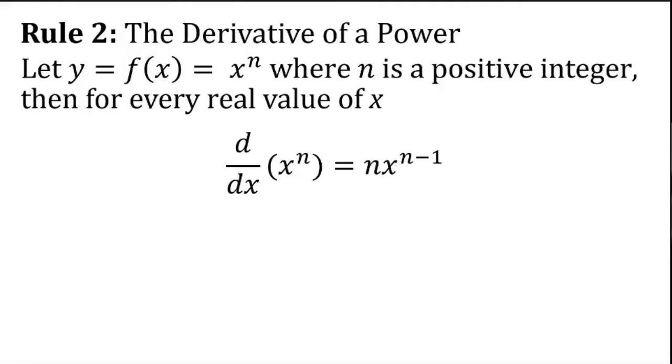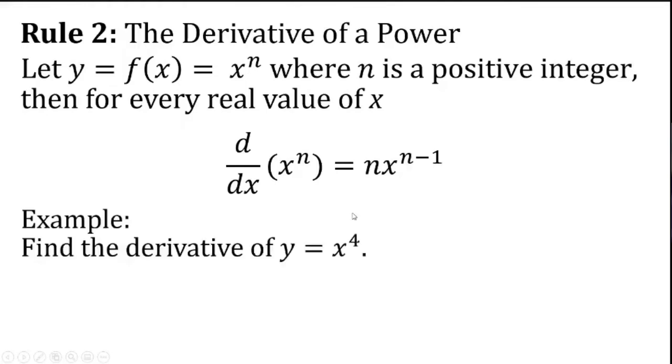So, ang gagawin, i-multiply nyo yung exponent niya sa x. And then yung exponent niya, you will subtract 1. So again, when you differentiate x to the n, it will be equal to n times x raised to n minus 1. So you're going to multiply n to x, and then you're going to subtract 1 from the exponent.